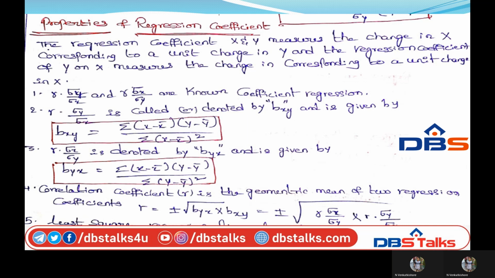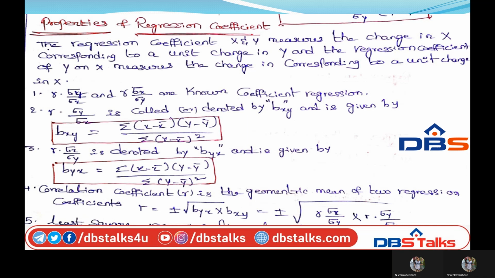Based on x, the changes go for y also. The correlation coefficient r is the square root of b of y on x times b of x on y, based on y on x and x on y.